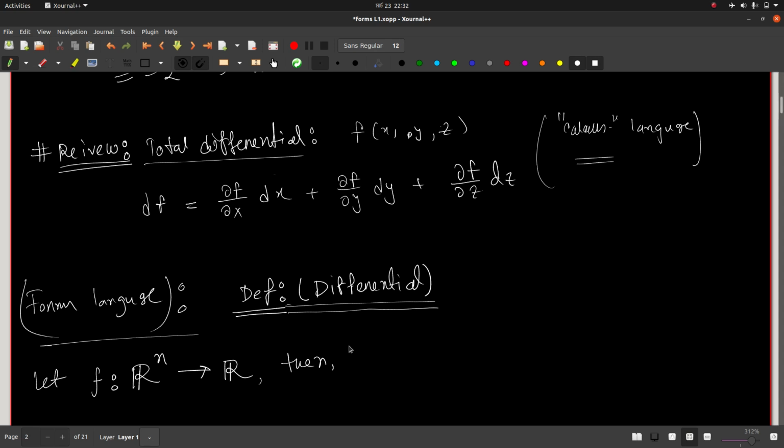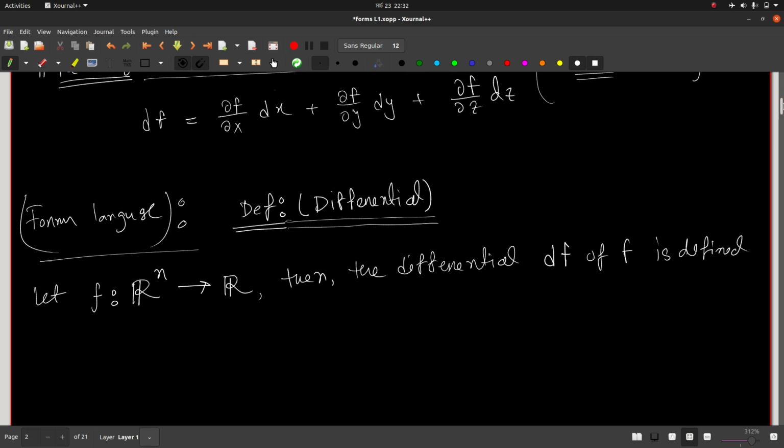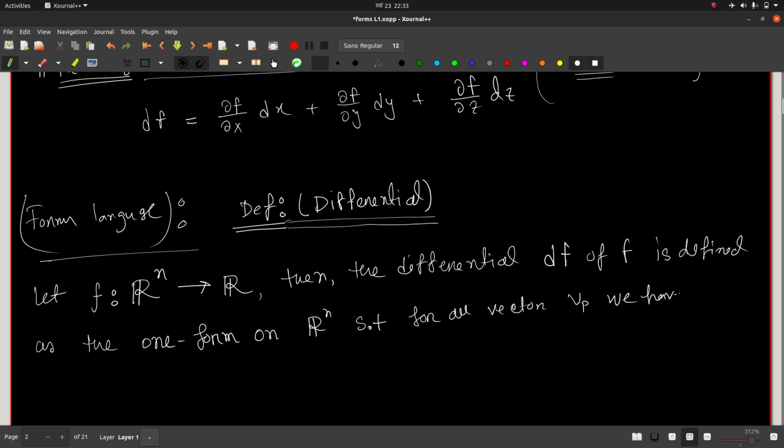Then the differential df of the function f is defined as the one form on the manifold Rn such that for all vectors vp, that means we are taking some point p and this vector is in the tangent space, we have the following to be true.